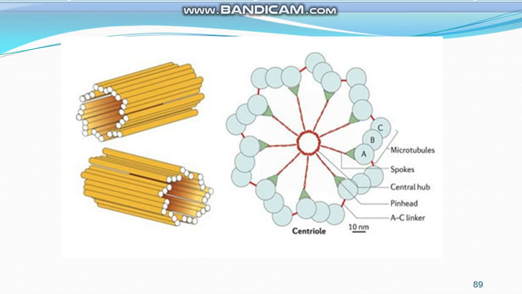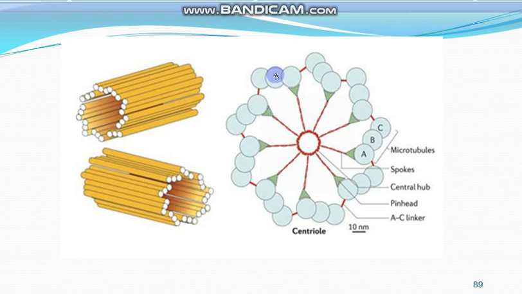If we further explain the structure of the centrosome and the centriole, this is the cylindrical shape, this is one centriole and this is the other centriole. If we study each centriole, as I told you, it is made up of 9 groups of microtubules arranged in a circle like a cartwheel organization, tilted at an angle of 40 degrees.